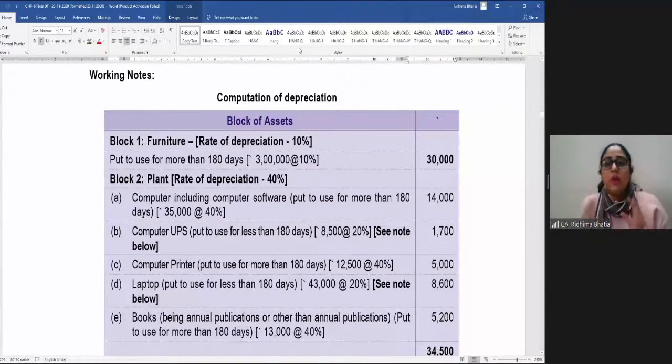Now the reversal, if you are making any gain, only to the extent of the cost should go in your P&L account. If I have not charged anything out of my profit as depreciation throughout the years, why should the income go over and above the cost in my P&L account? Only to the extent I am recovering my depreciation should that go to the P&L account. If I am recovering over and above that, it is my capital gain.